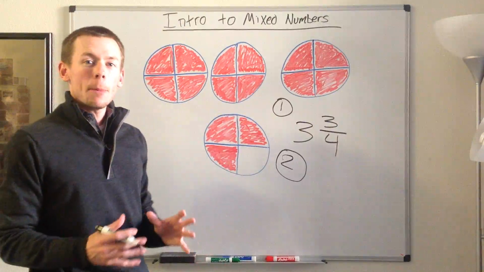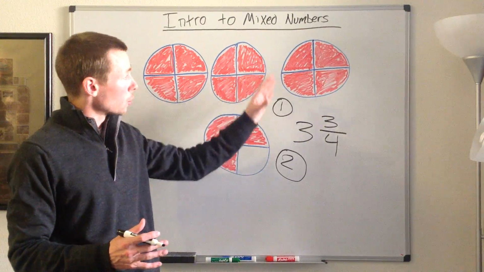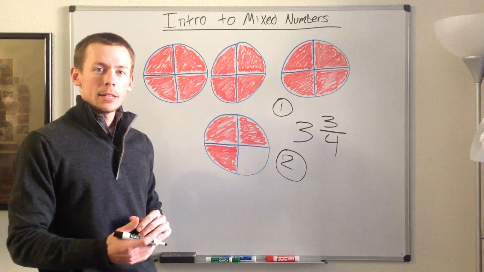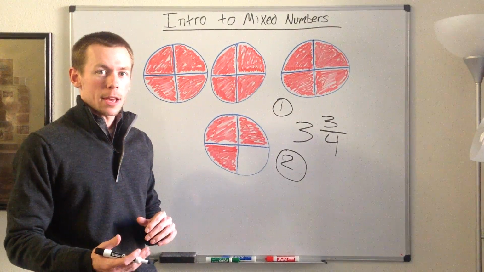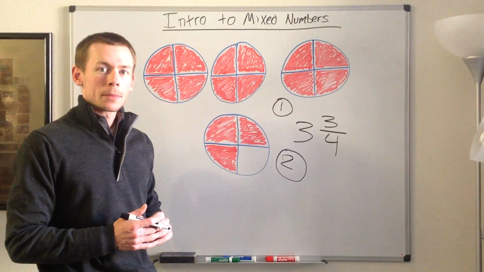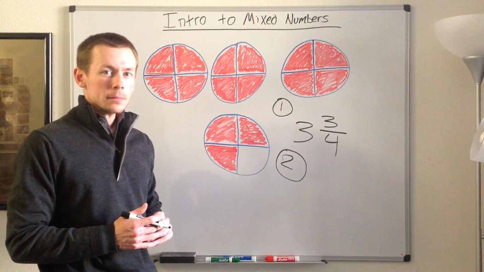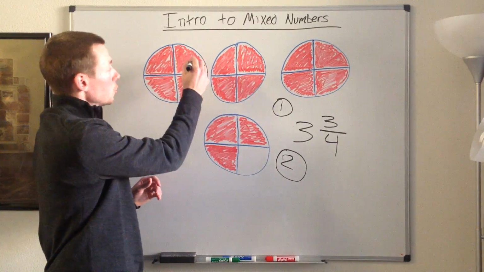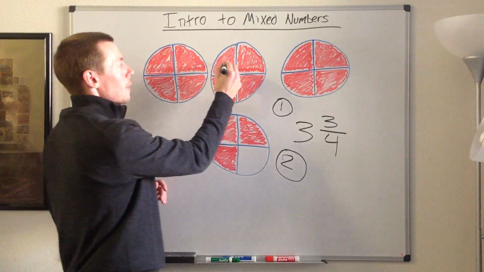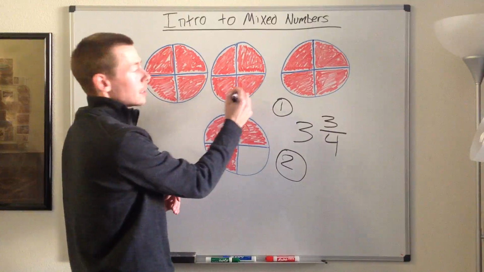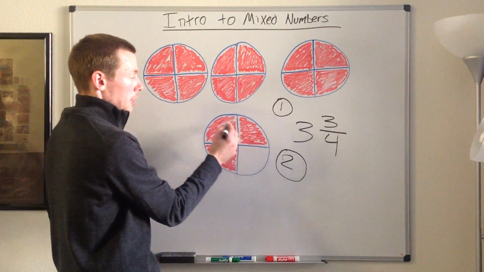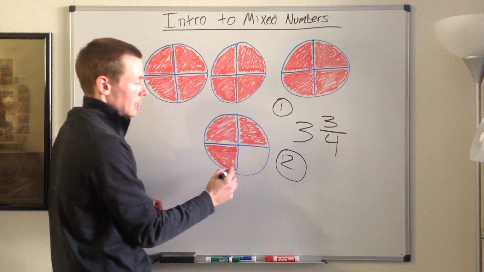If you count how many fourths we have total, how many would you get? Go ahead and give yourself a minute to think about that. Okay, well, we have 1, 2, 3, 4, 5, 6, 7, 8, 9, 10, 11, 12, and then 13, 14, and 15.